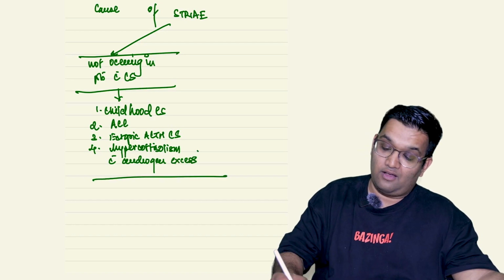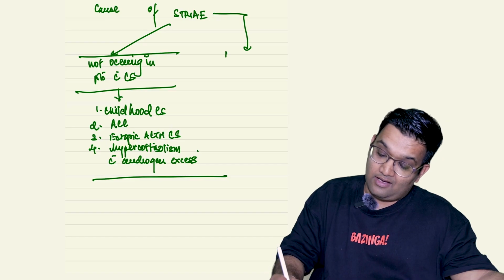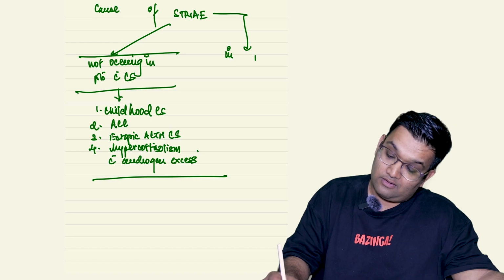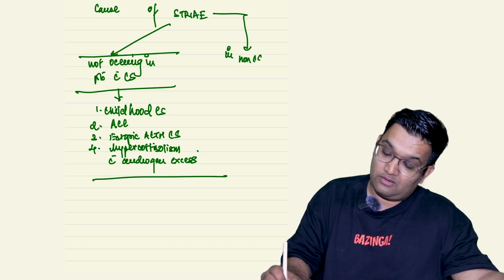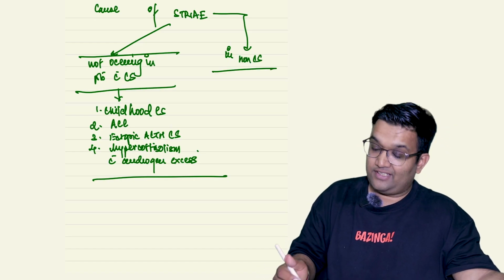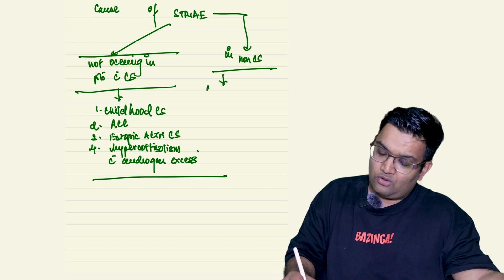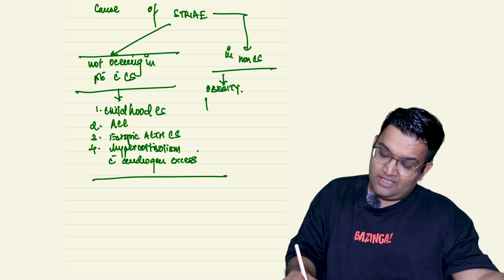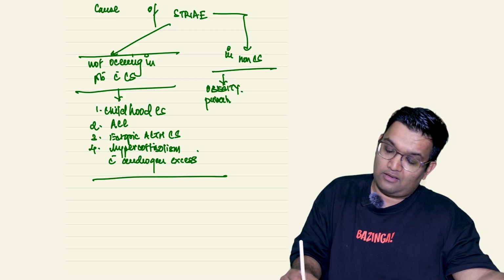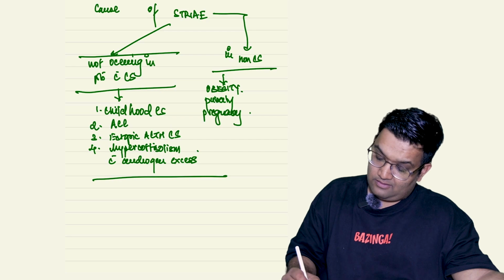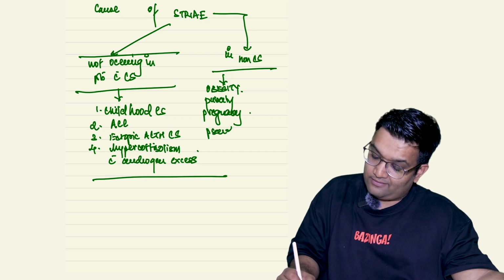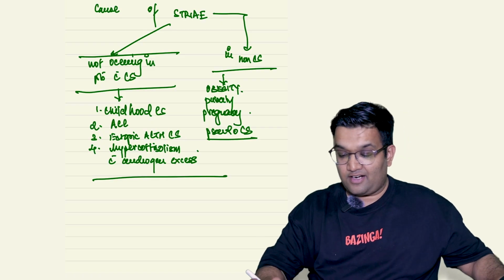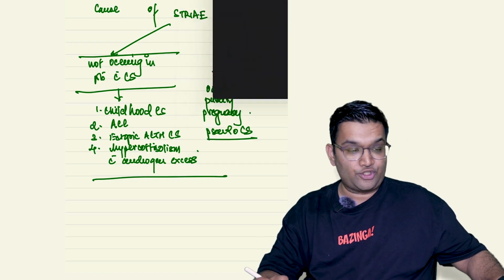So they don't occur. And where do you see striae in non-Cushingoid cases? So here we see it is very common. Obesity. It can be seen in puberty, pregnancy, any pseudo Cushing state. So here we can see striae in a non-Cushingoid status.